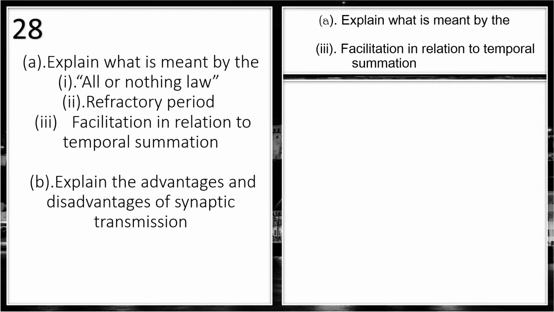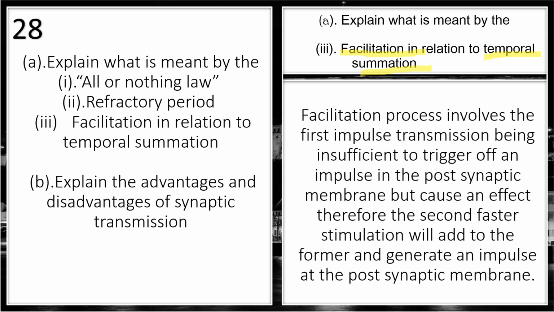Part A. Facilitation in relation to temporal summation. The facilitation process involves the first impulse transmission being insufficient to trigger an impulse in the postsynaptic membrane, but causing an effect.